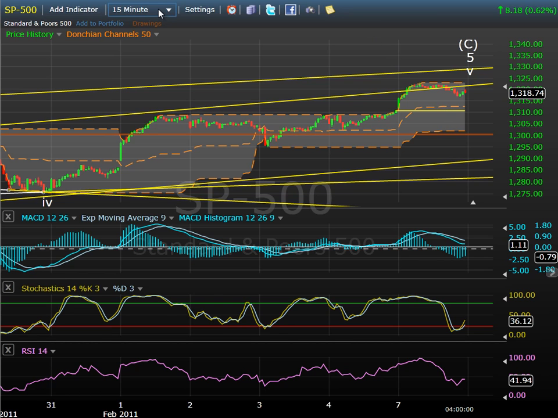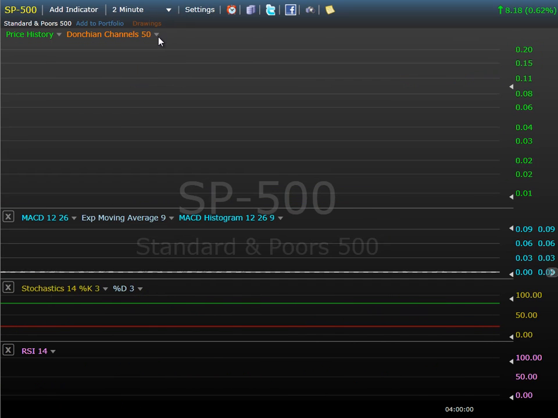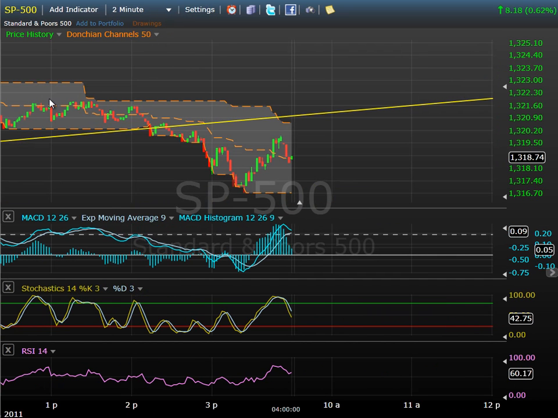Let's go ahead and examine in the 2-minute chart what we might see. As you can see, this structure here looks very similar to that last wave 4 that we were looking at. It had a steep sell-off for the degree of trend.